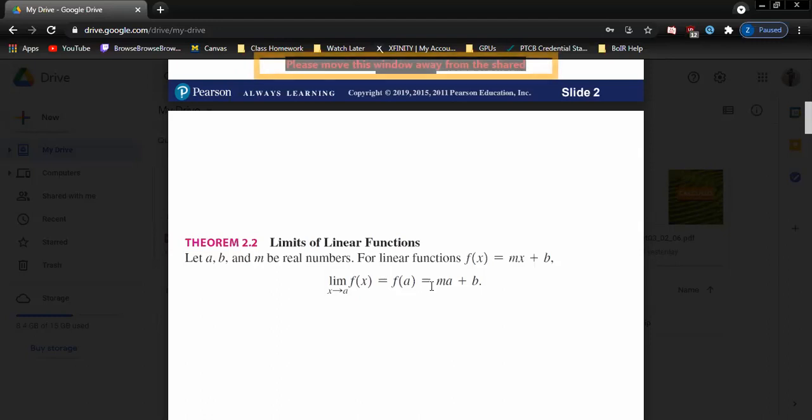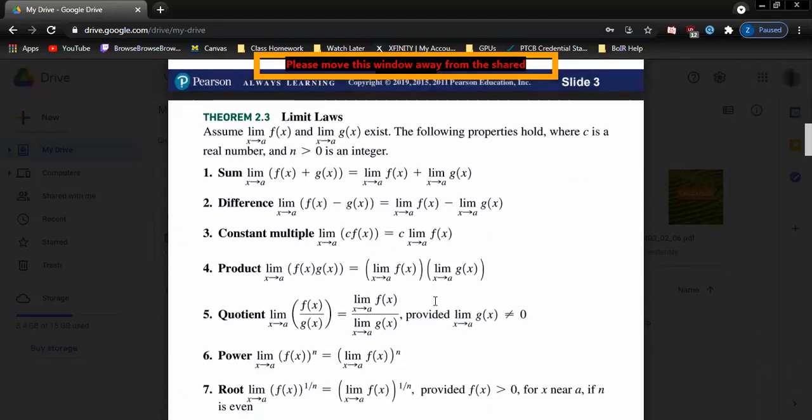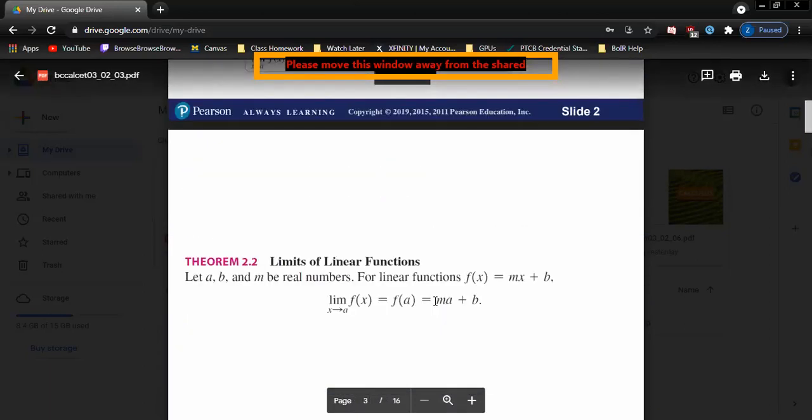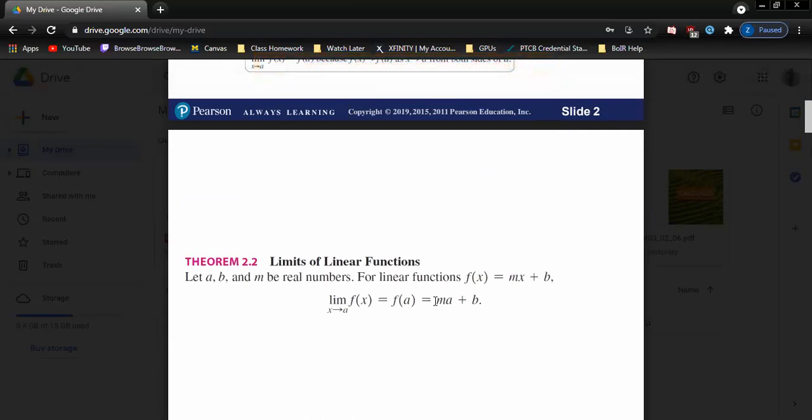I gave them a linear function, and trust me, most of the students tried all these formulas, even though it was not necessary. You could have just plugged in the value you're approaching in place of x, or whatever the variable is, and that's it. So when x tends to a for a linear function, just plug in a in place of x. That's it. Isn't it so interesting?